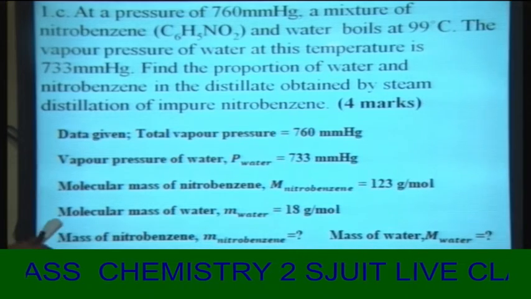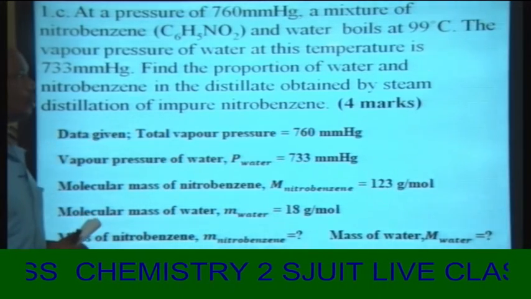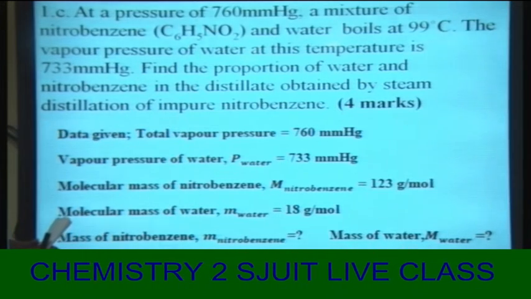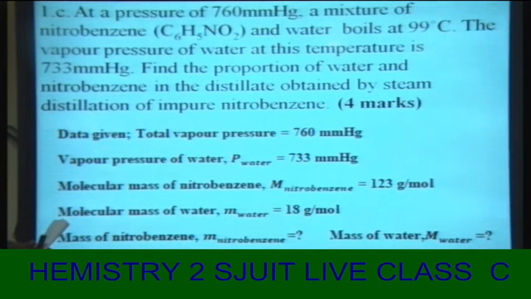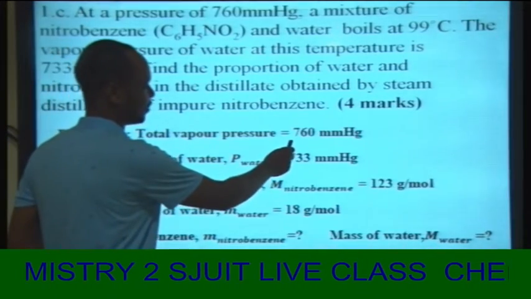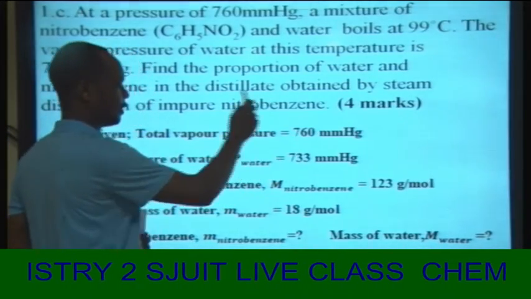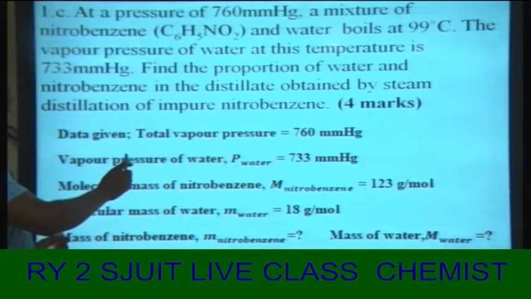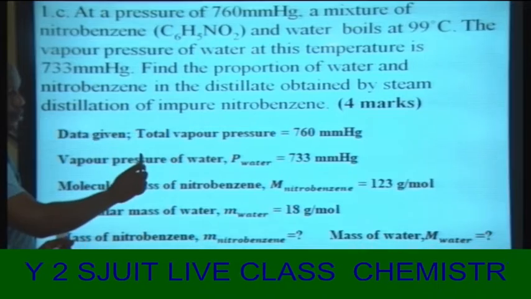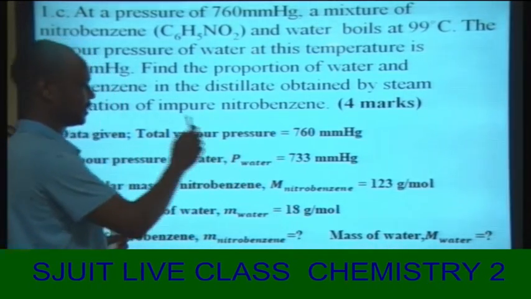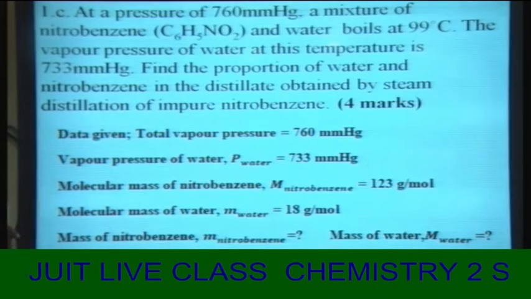Total vapor pressure of the two components of the mixture is equal to 760 millimeter of mercury. Vapor pressure of water, the first component, is 733 millimeter of mercury.